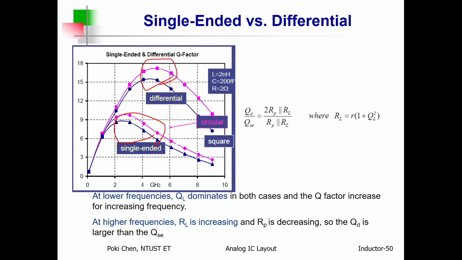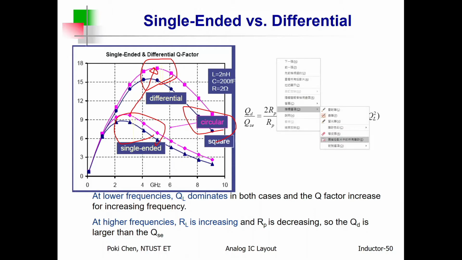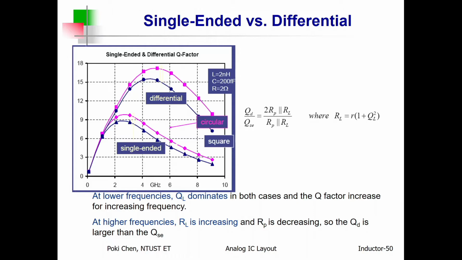Okay, for the same circular and square ones, the pink square ones, from here to there, from single-ended operation to differential operation, the Q factor is increased very much. And for the same single-ended or differential operation between circular and square, you can see not much difference.